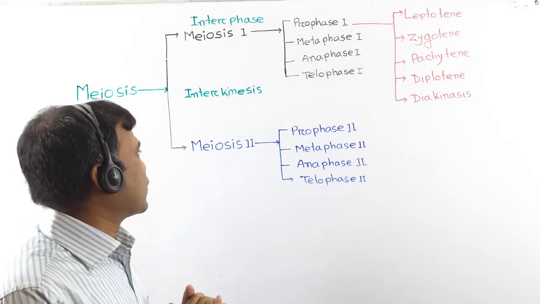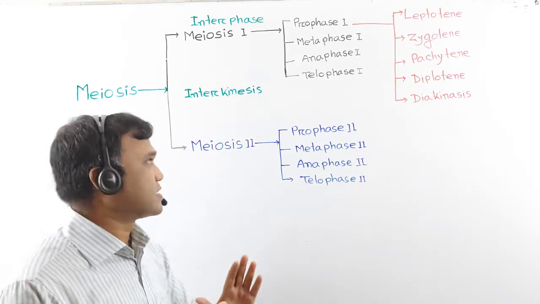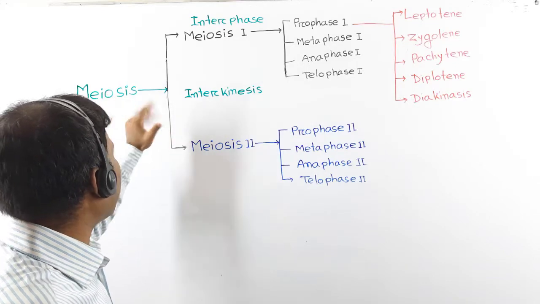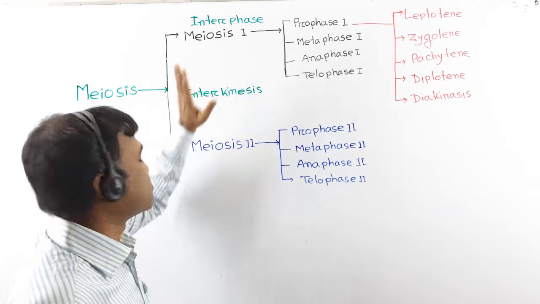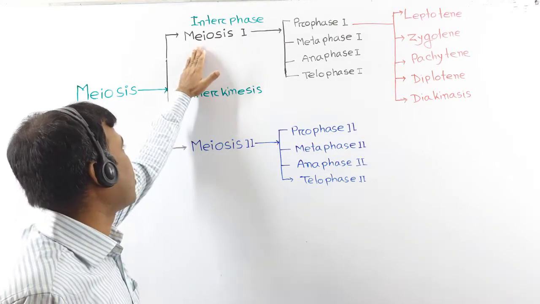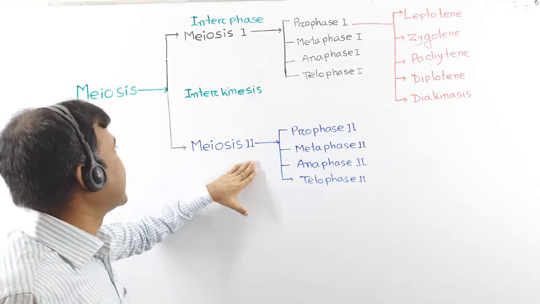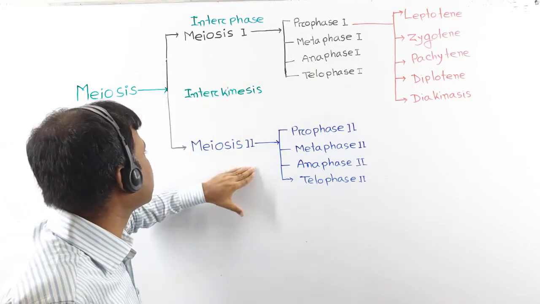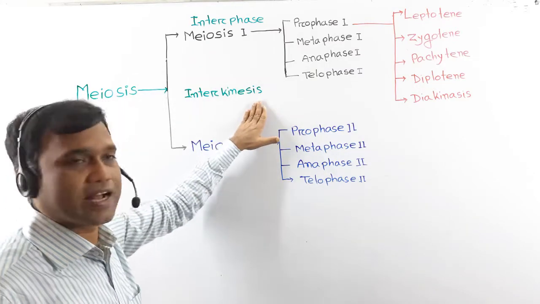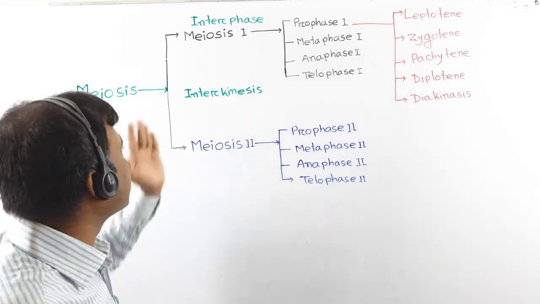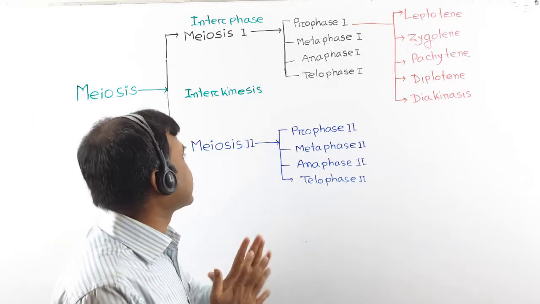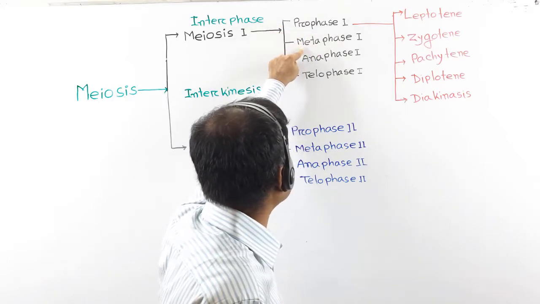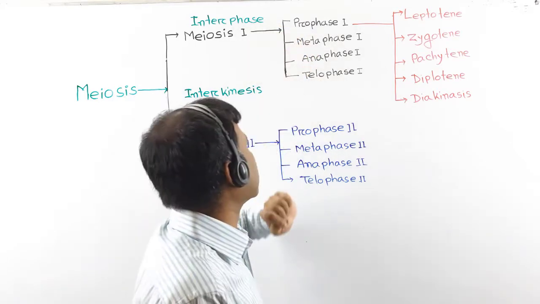So, today's topic is meiosis. Meiosis cell division is completed in two main stages, meiosis 1 and meiosis 2. The time between meiosis 1 and meiosis 2 is known as interkinesis. Meiosis 1 is completed in 4 stages: prophase 1, metaphase 1, anaphase 1 and telophase 1.